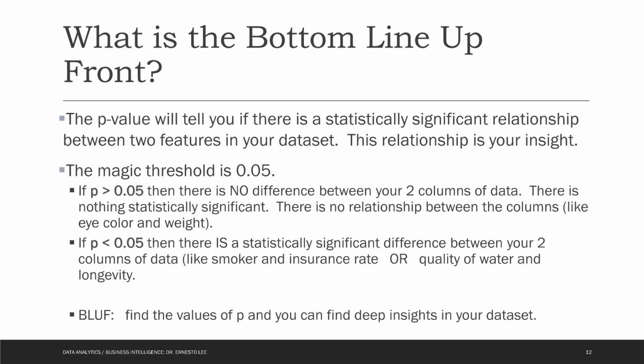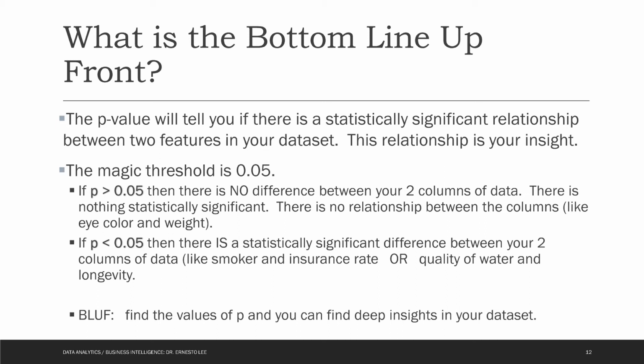That's the threshold, and so we say if your p-value is greater than 5%, then there's no difference between your two columns of data. There's nothing statistically significant about those two columns of data. There is no relationship between them.